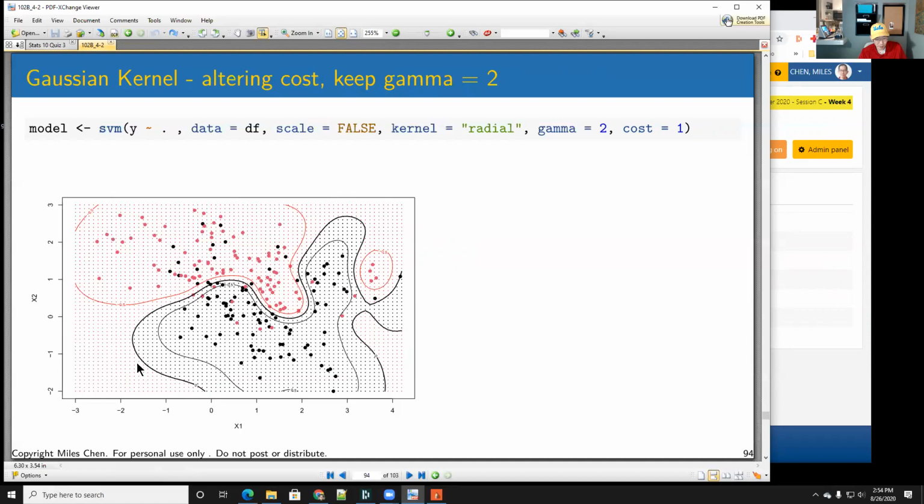The heavy black line is the boundary that gets formed. And then I also have parallel hyperplanes that exist. The thinner black line and the thinner red line are the shadows, quote, shadows of those parallel hyperplanes, if that makes sense, okay?